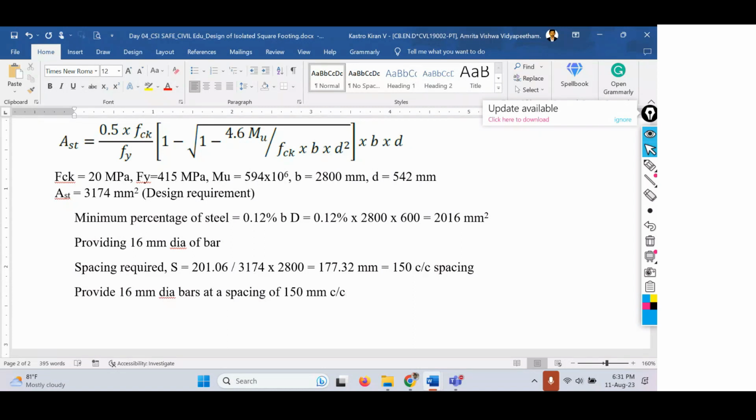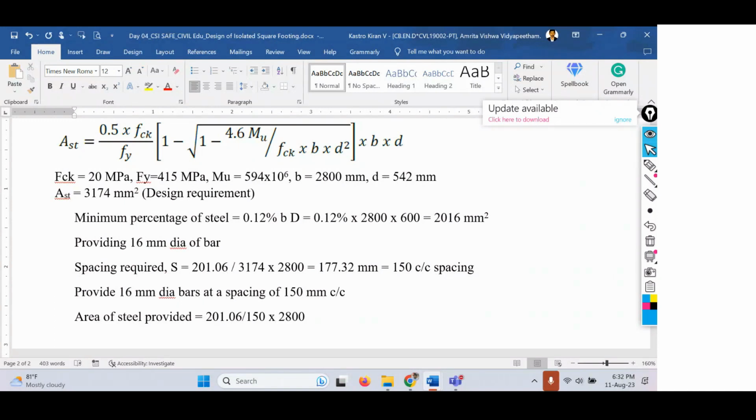Now let us calculate the area of steel provided. So how do we find that? 201.06 is the area of one steel bar of 16 mm diameter, pi by 4 into 16 square, divided by the spacing, 150 mm, into the width of the footing, which is 2800.